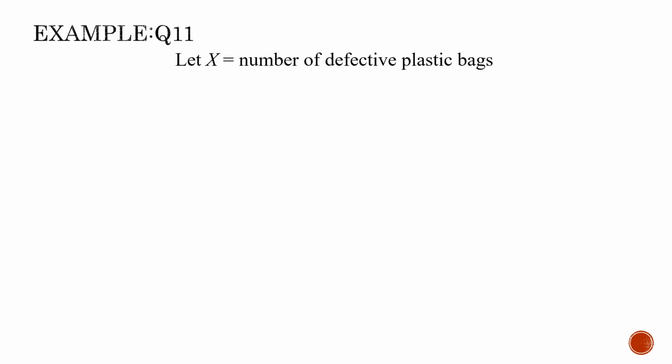We look at the question again. Okay, the question states that 1% of the output is defective. So we have 1% out of 200 is defective. So your lambda will be 0.01 times 200, which is 2. So your X has a Poisson distribution with mean 2.